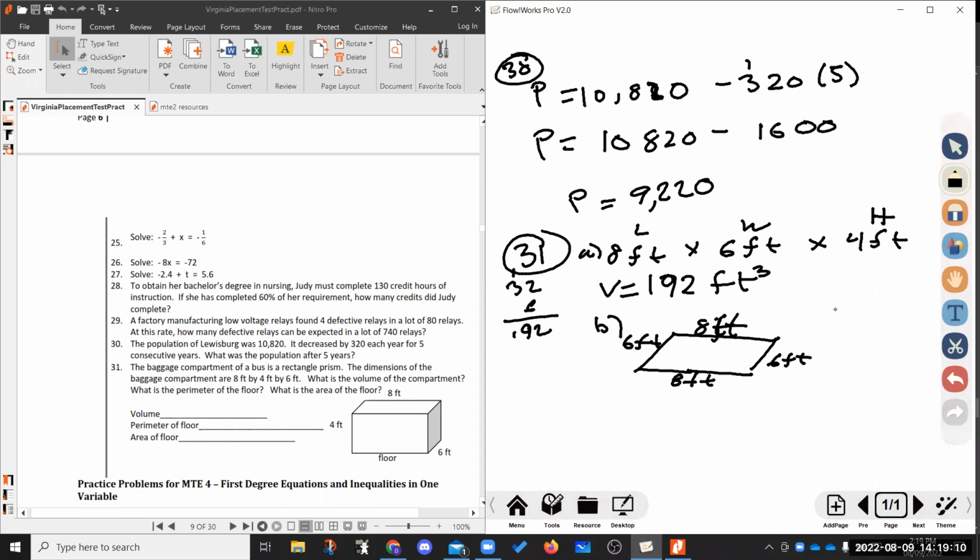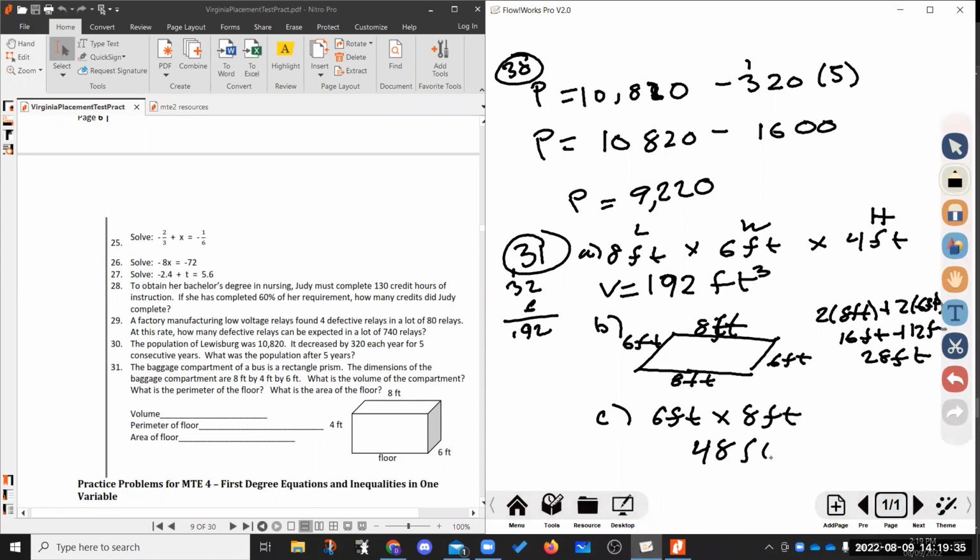So we're going to have 2 times 8 plus 2 times 6, which is 16 plus 12, which is 28 feet. Part C asked me for the area of the floor, which is going to be 6 feet times 8 feet. It's going to give me 48 square feet.